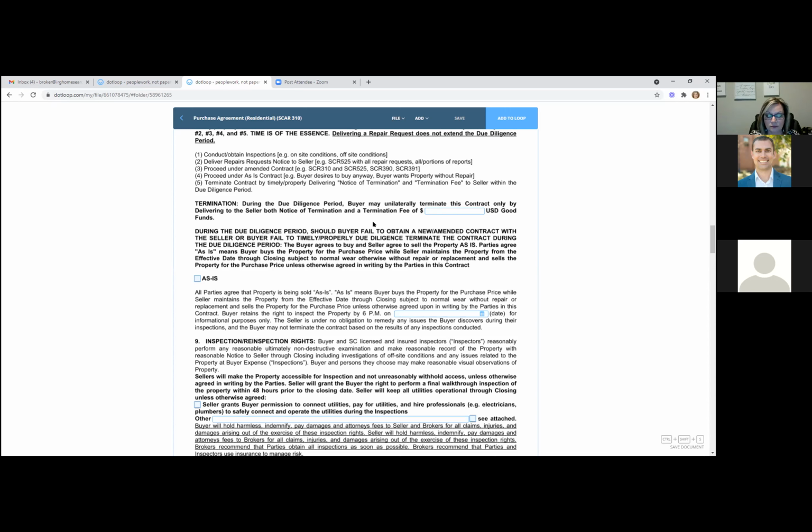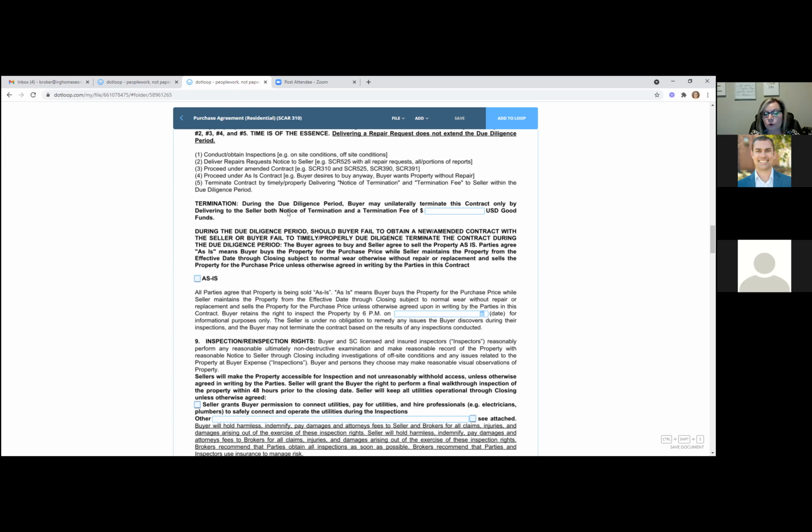Okay, I will look at it. That is what the contract says. Now, we do have termination documents that are supposed to be signed by both buyer and seller, but contractually, it says buyer may unilaterally terminate this contract by delivering to the seller both notice of termination and a termination fee of zero.